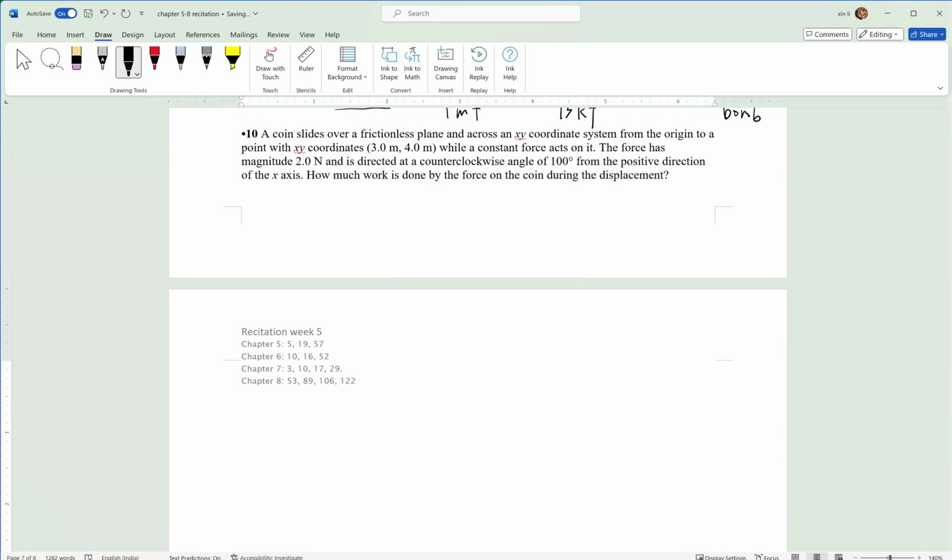you have to find the angle. Okay, so I'm going to draw the picture here. One is here. This is our displacement, and our force is here. This is 100, and you are going to calculate this angle so that you can calculate our angle between them.